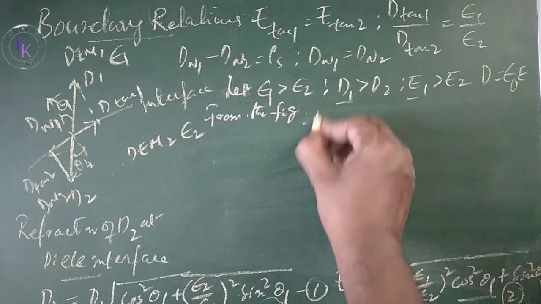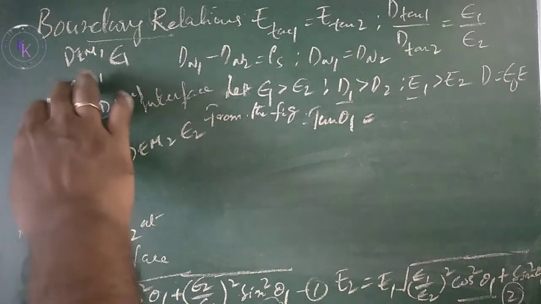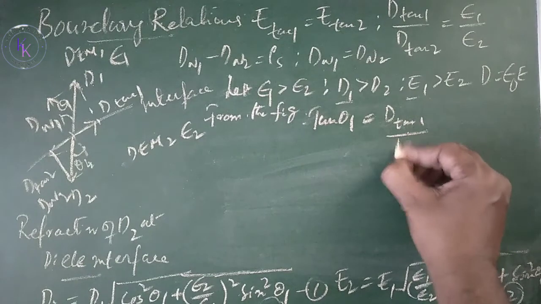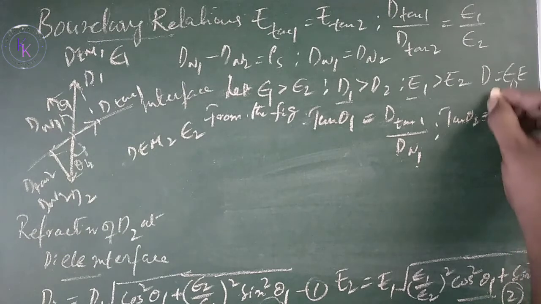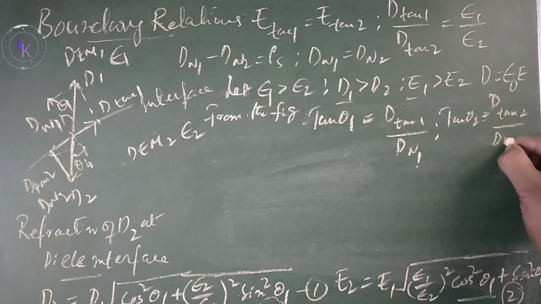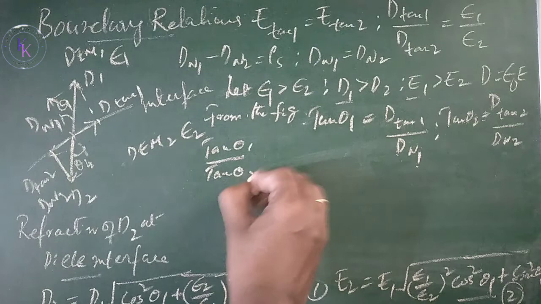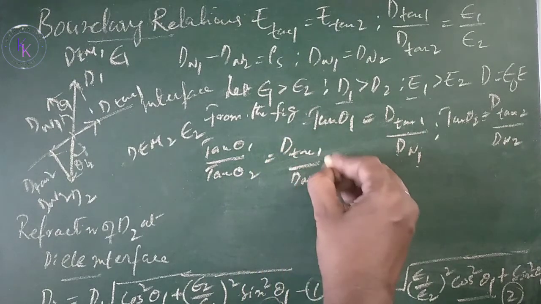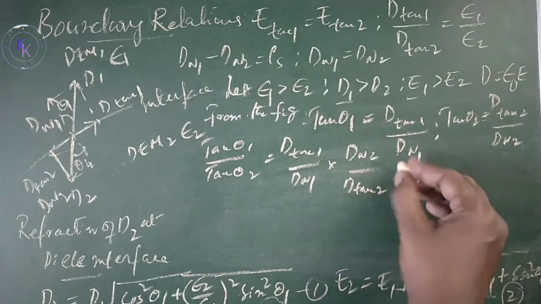Now from the figure, tan theta 1 equals opposite, that is D tan 1, divided by the adjacent side, D n1. Similarly, tan theta 2 equals D tan 2 divided by D n2. Tan theta 1 divided by tan theta 2 equals D tan 1 divided by D n1 multiplied by D n2 divided by D tan 2.